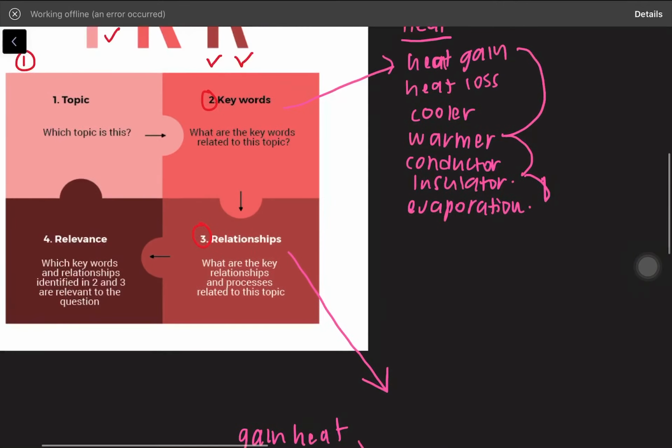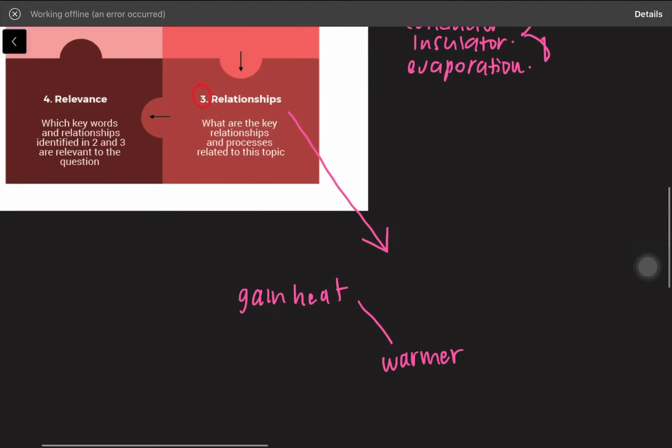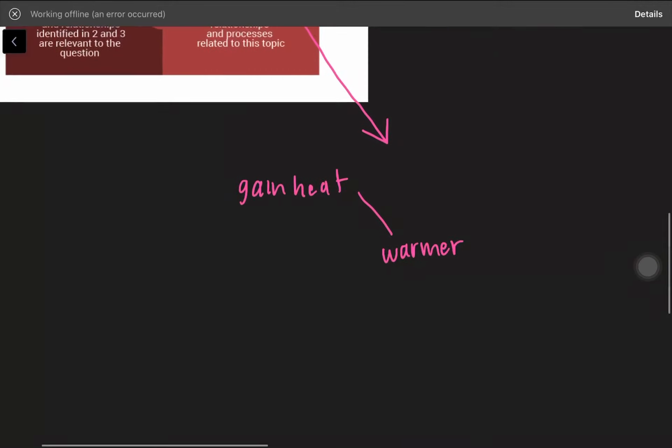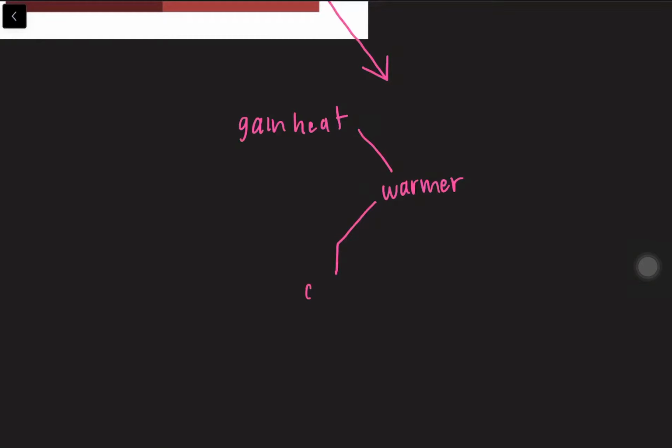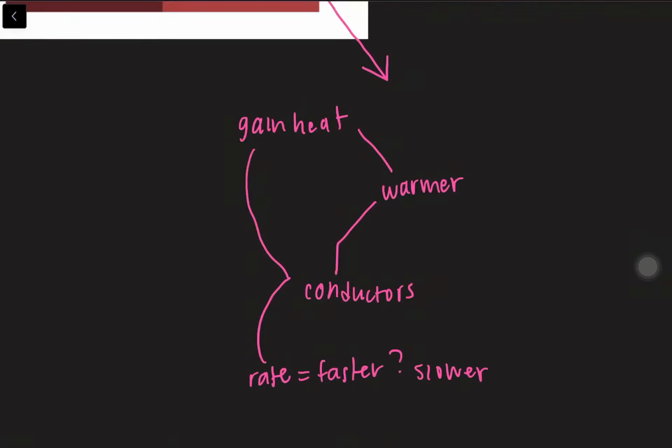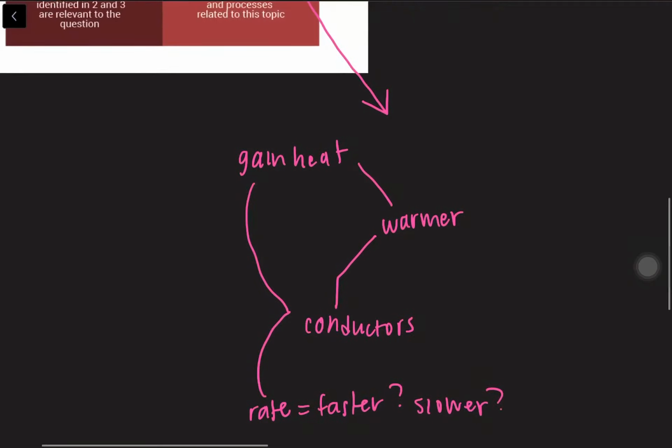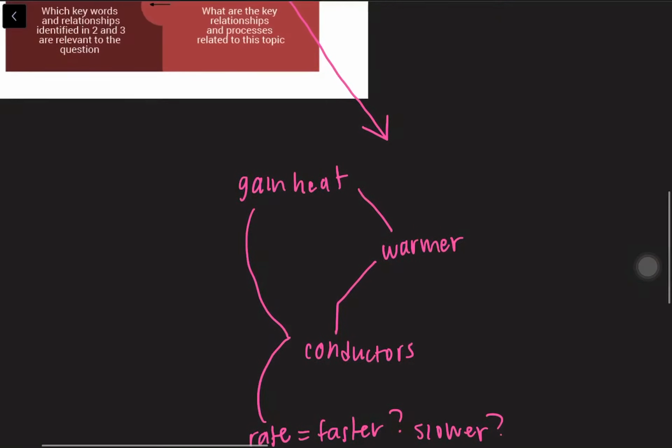So we see heat gain and warmer forming a relationship. And then when we talk about conductors, it will be gain heat and conductor equal to rate. Is it faster? Slower? This is how you form relationships between the different keywords.